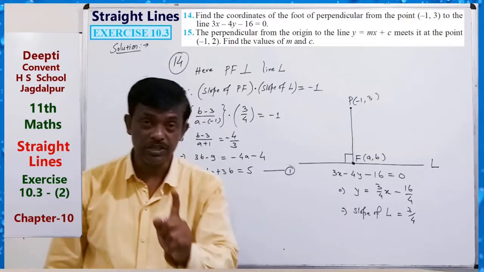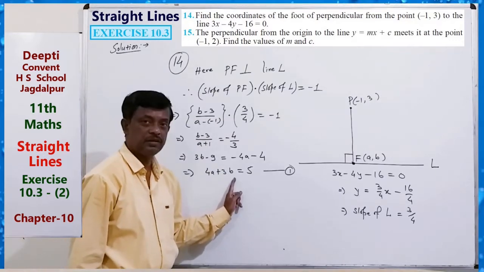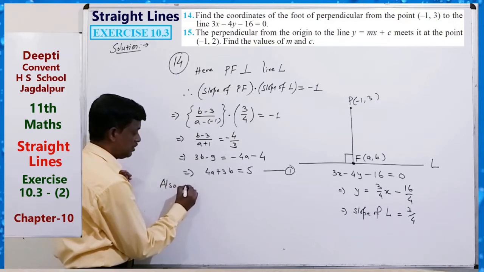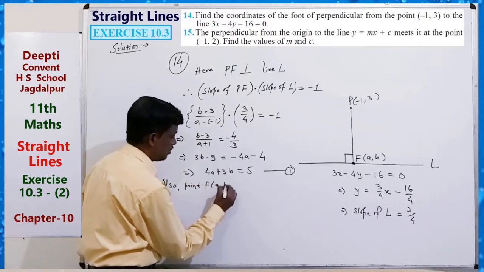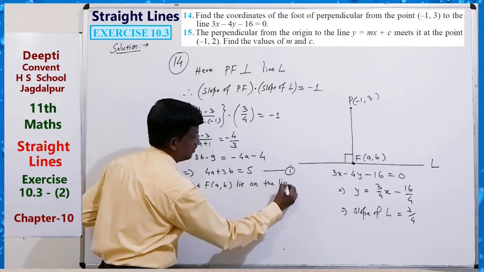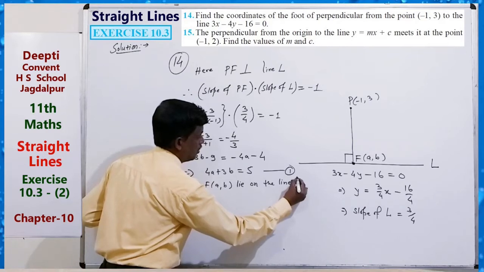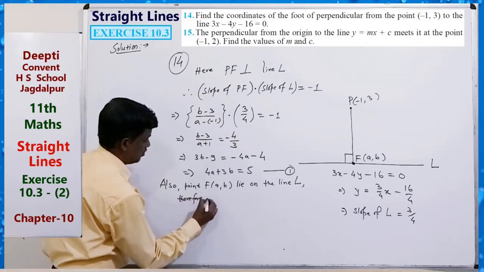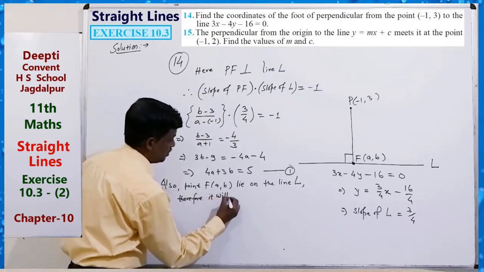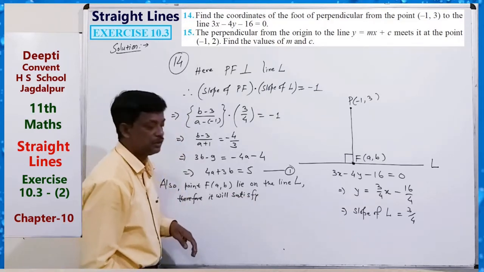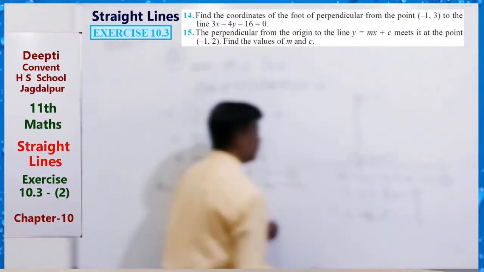So we get a linear equation in a and b. As point F, that is a, b, lies on the line L, therefore it will satisfy the equation of the line.